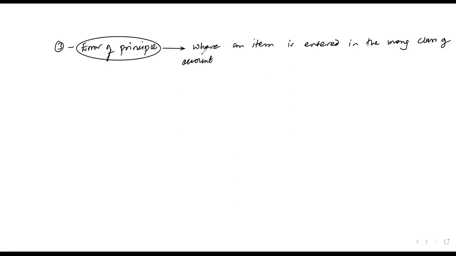For errors of commission, we are entering the transaction in a wrong personal account. Error of principle, we are entering the transaction in a wrong class of account.